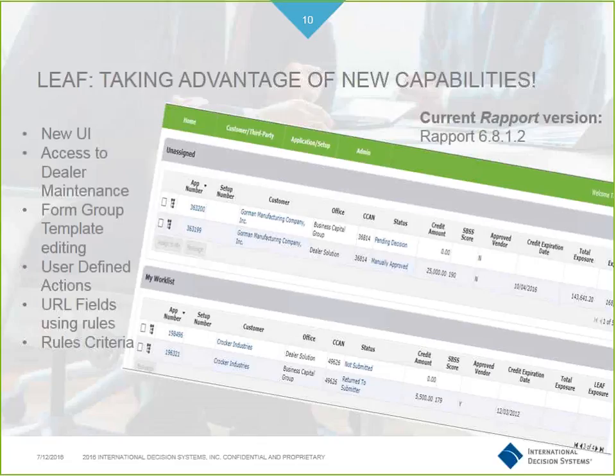Now, with this new rules criteria, not only are you able to check for is null, which was harder before like Melissa showed, but you're able to evaluate on one field against another field. So you don't have to create all these extra fields to figure out whether these two fields are different, and then evaluate another rule on that field. You just need one rule, using the fields that are already on your screen.